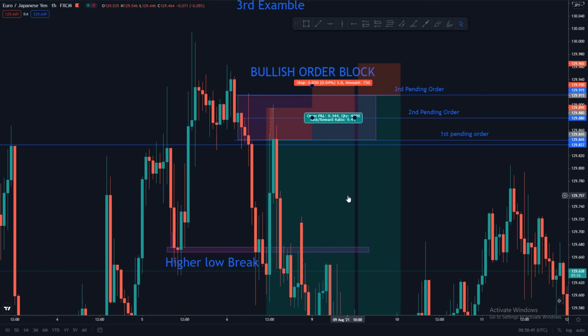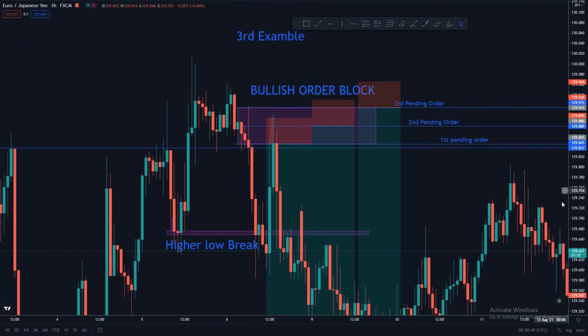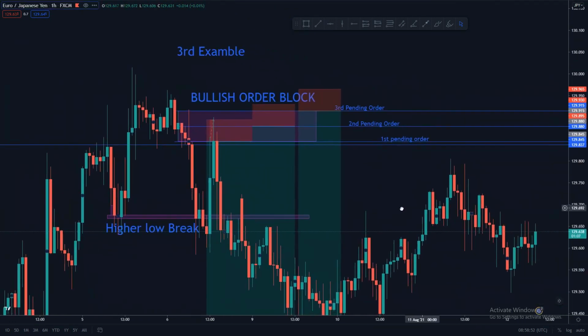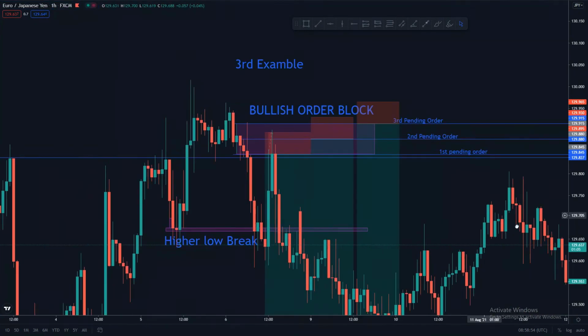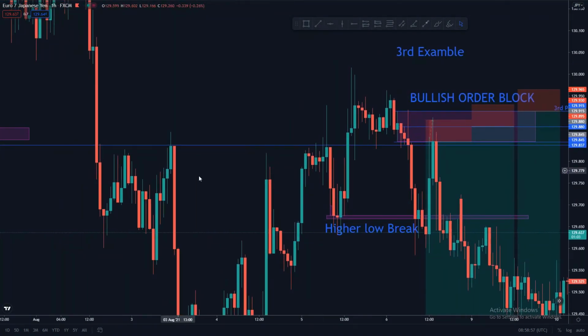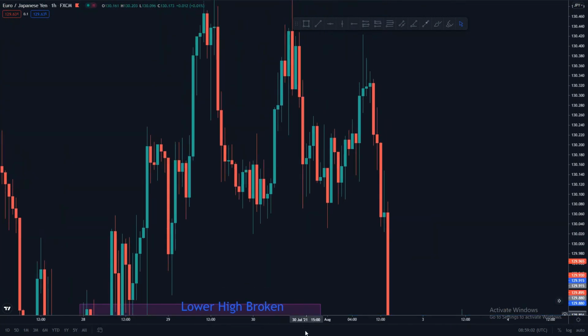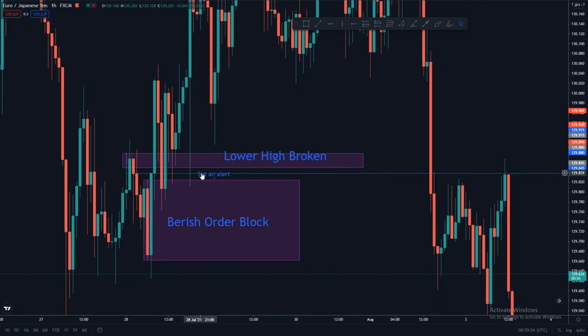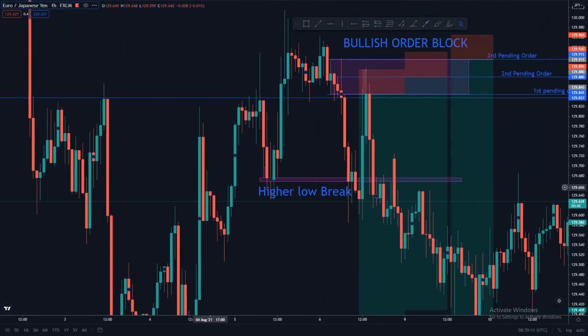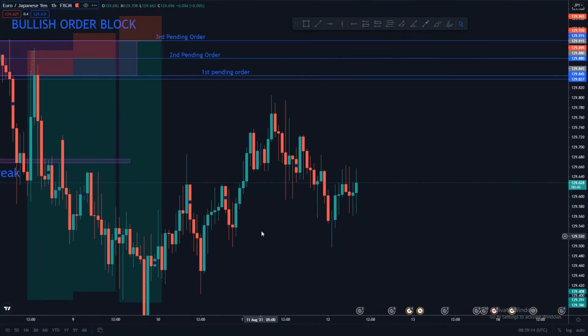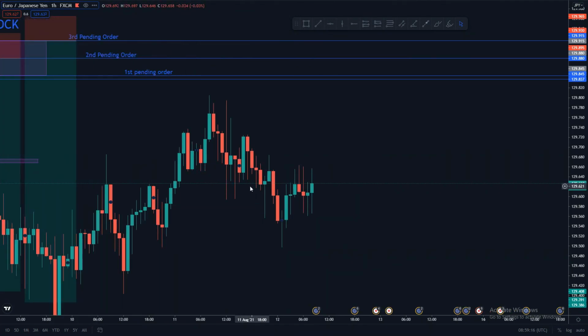But if I'm not busy, if I'm on the charts, the method that I usually use is I combine the method of setting an alert, and also the method of going to a smaller time frame and looking for an order block there.